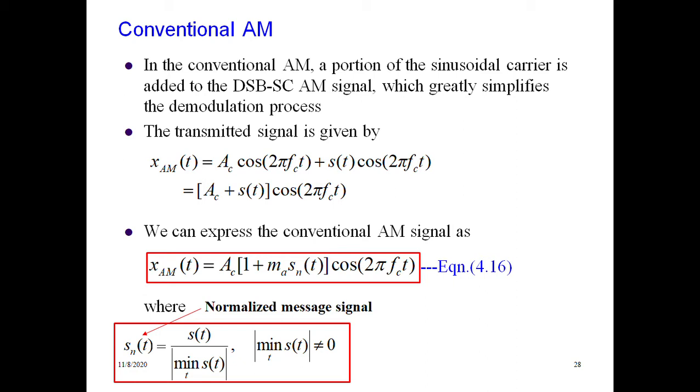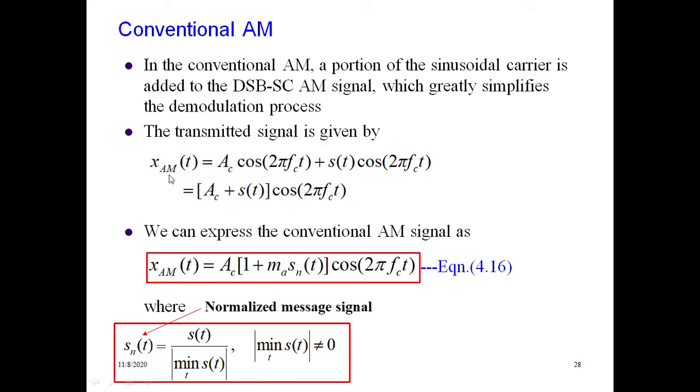So the difference is that there will exist a carrier in the modulated signal. In other words, a portion of sinusoidal carrier is added to the DSBSC. Why do they do this? To simplify the demodulation process.